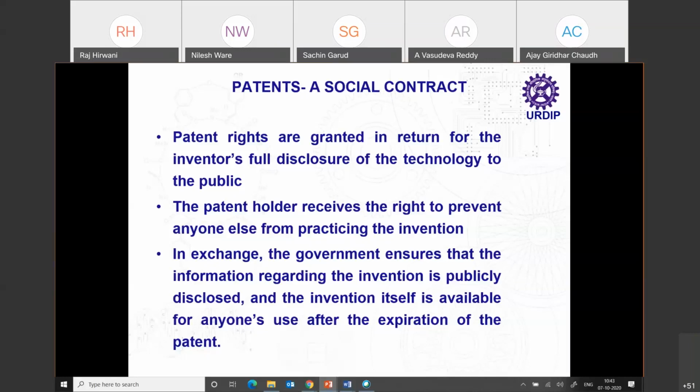Thus, inventors want to keep the knowledge to themselves. We want to recover our investment, so we don't want to put it into the public domain. Society demands the knowledge.